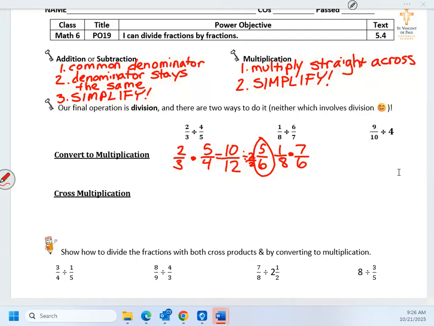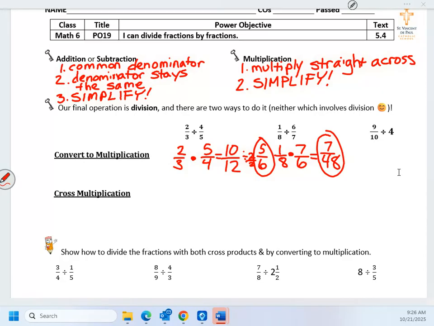So what do I do now? Fernanda? Multiply straight across. 1 times 7 is 7. 8 times 6 is 48. Can I simplify? Well, that's as simple as it gets.